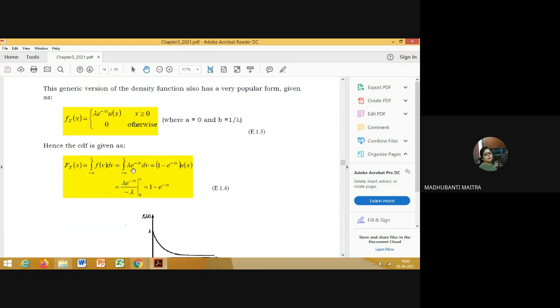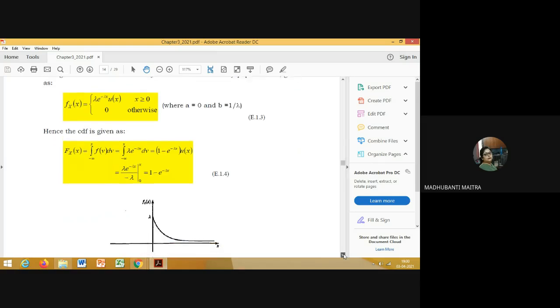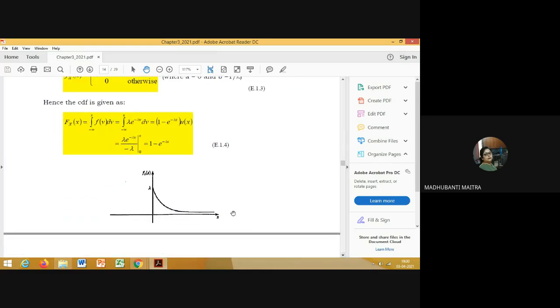So actually after this particular step, we should work out this step and we'll get the final result, which is equal to 1 minus e to the power minus lambda x. So this is a typical exponentially distributed density function, right? And this value at x equal to 0.